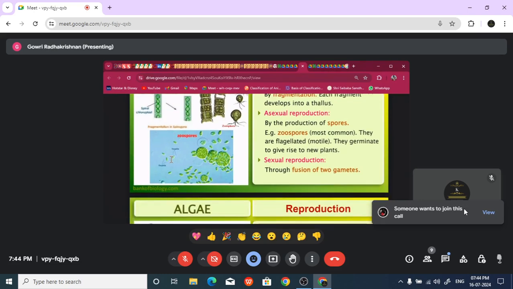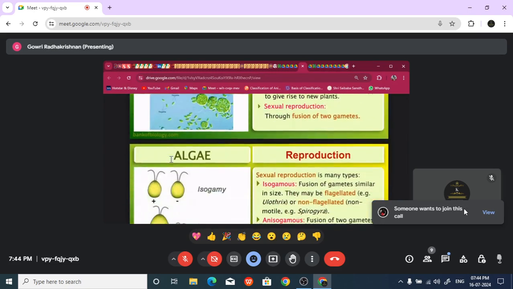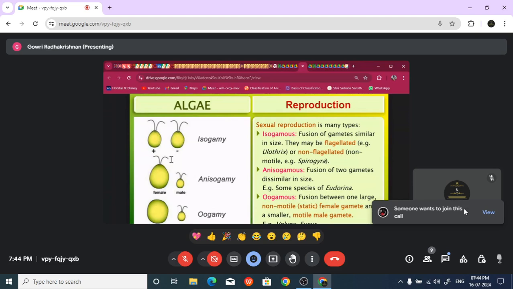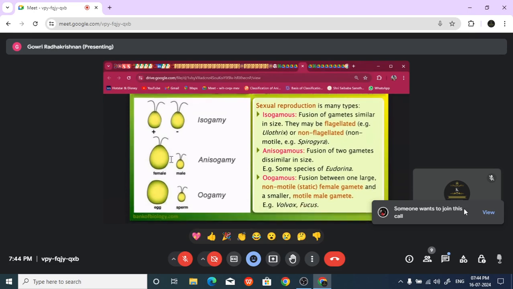Sexual reproduction is through fusion of gametes, and this is done in many ways. Isogamous is fusion of gametes similar in size. They may be flagellated or non-flagellated. Flagellated is the example of Ulothrix, and non-flagellated is Spirogyra.